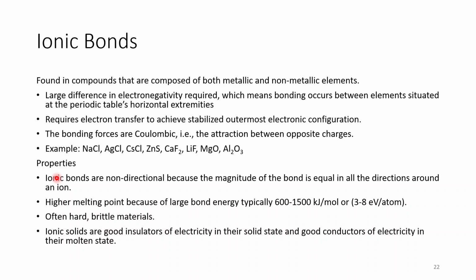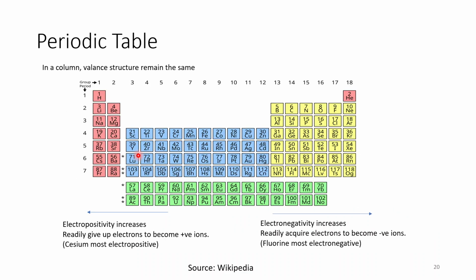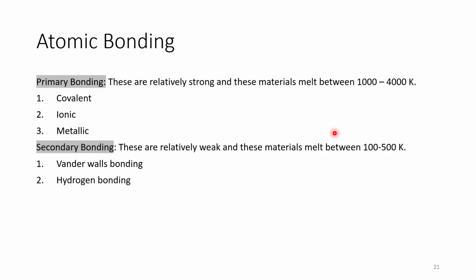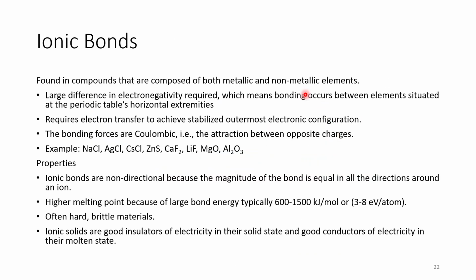It requires electron transfer to achieve a stabilized outermost electron configuration, and the bonding forces are coulombic, the attraction between opposite charges. NaCl, AgCl are on the extremes of the periodic table. So from this side and this side, when you see bonding, it is more likely to be ionic bonding. Alumina, magnesia, lithium fluoride are all ionically bonded.